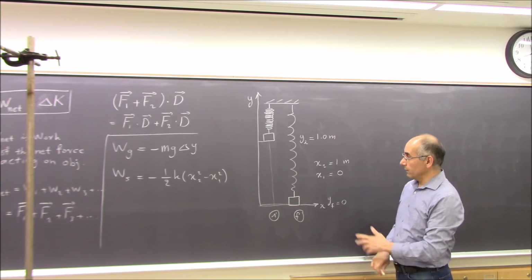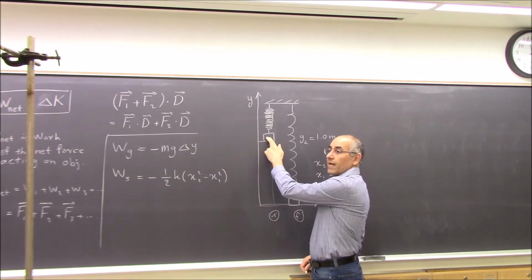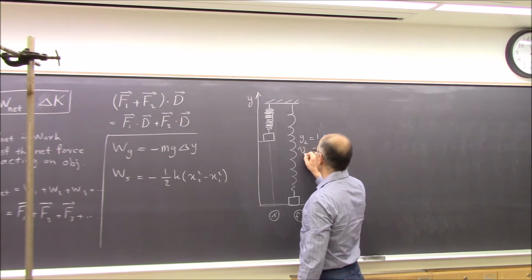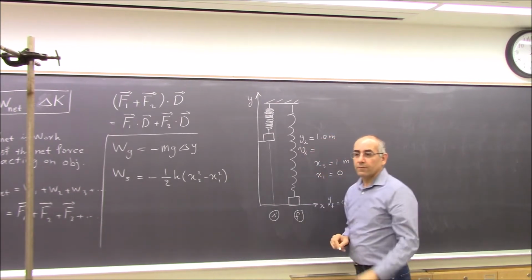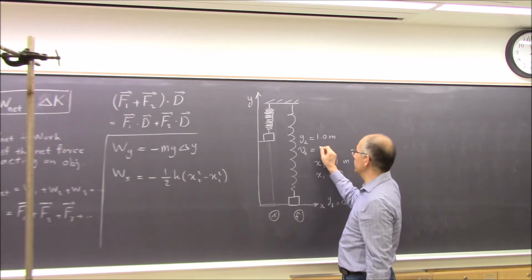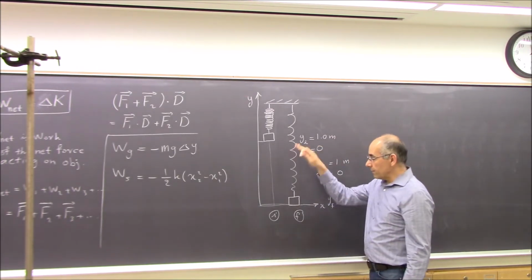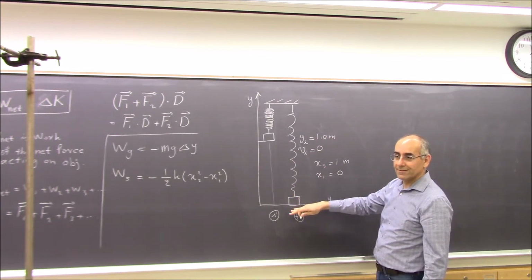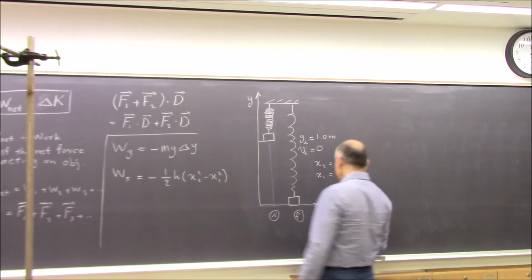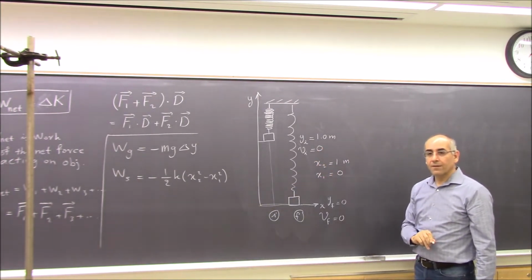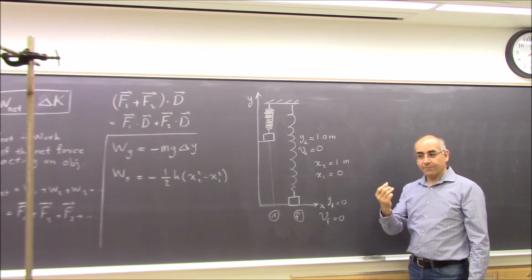And what else do we know? What is the speed of the mass here? That would be V initial, right? We said we leave it from rest, right? So V initial is 0. When it comes to this point and bounces back at that point, the V final is also 0, because it turns around, right?